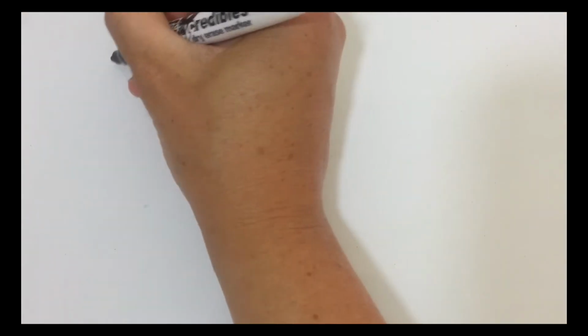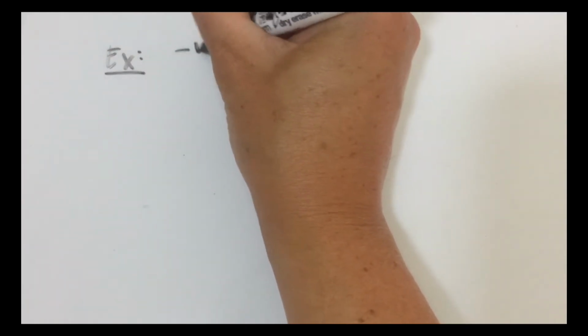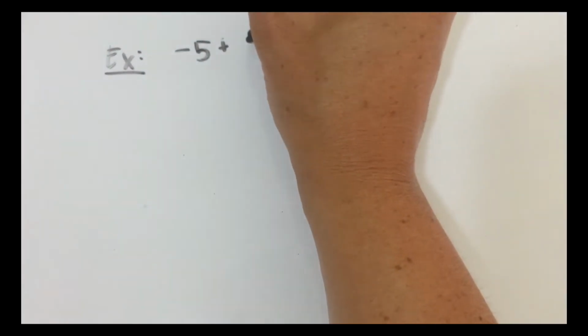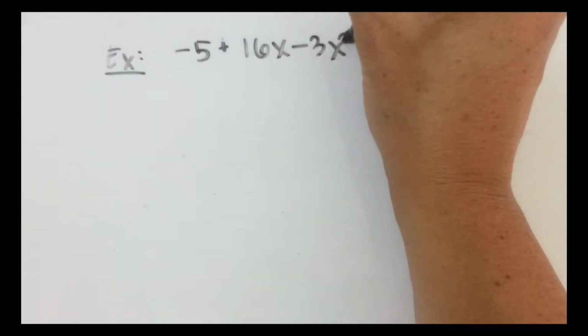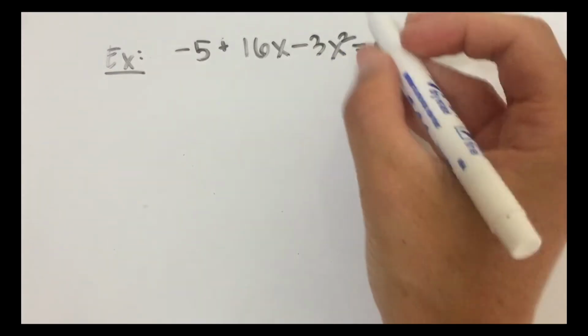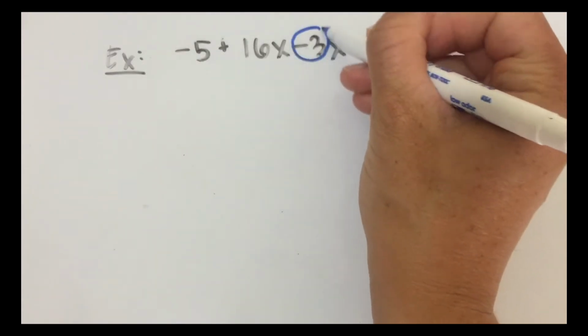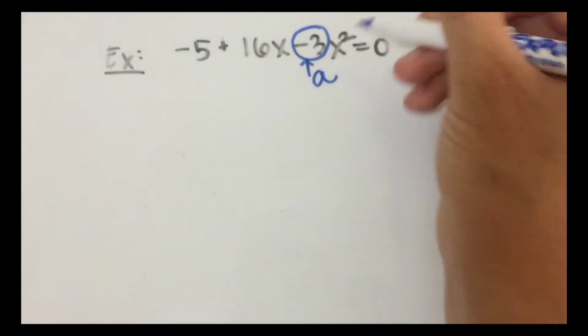So for the example, I have negative 5 plus 16x minus 3x squared equals 0. And they want you to solve for your x values here, or your roots. So first off, I'm going to see which values are my a, b, or c. The value in front of the x squared is going to be your a.